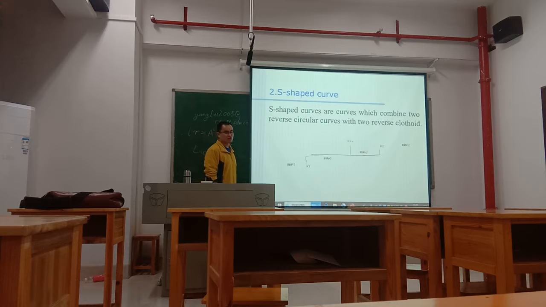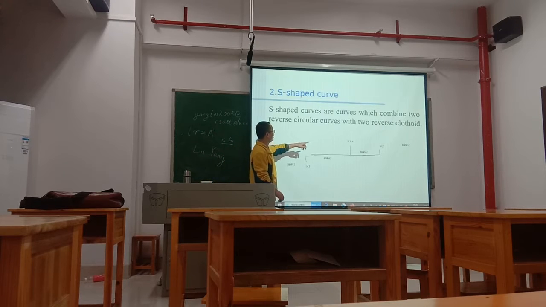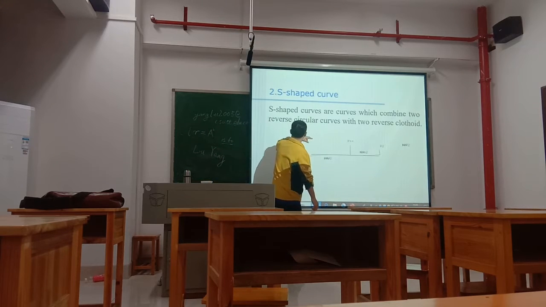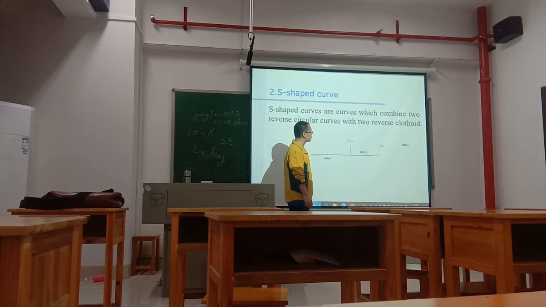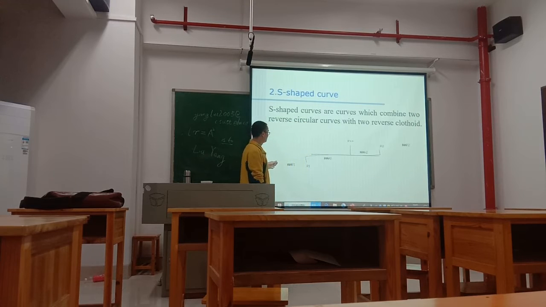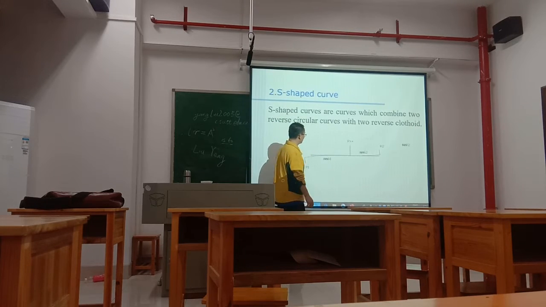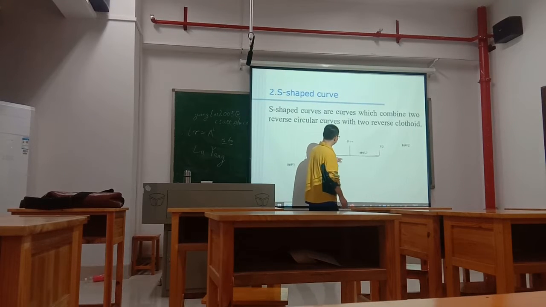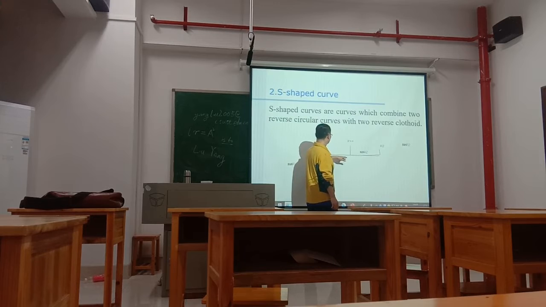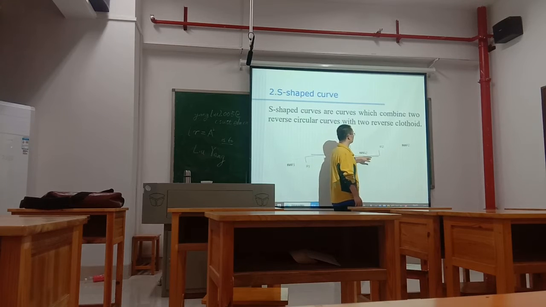Two, S-shaped curve. S-shaped curves are curves which combine 2 reverse circular curves with 2 reverse closed-sides. This is circular curve 1. This is closed-side 1. This is circular curve 2.